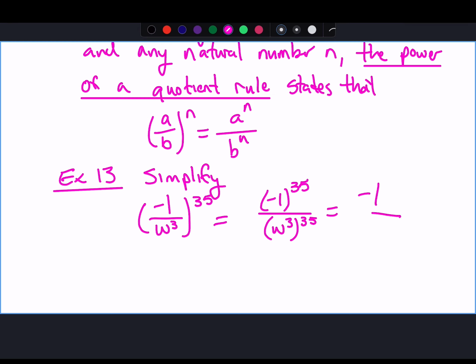Right? And then w to the 3rd raised to the 35, what do we do with those exponents? We multiply the 3 times 35. What is 3 times 35? 105. So our final answer is negative 1 over w to the 105.